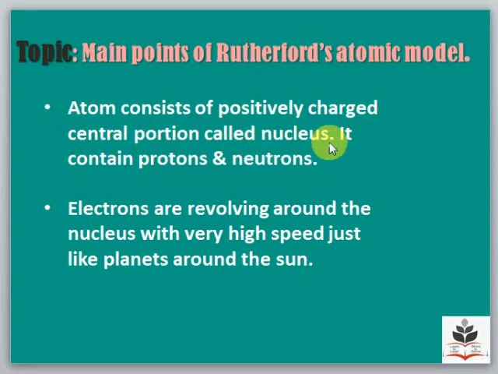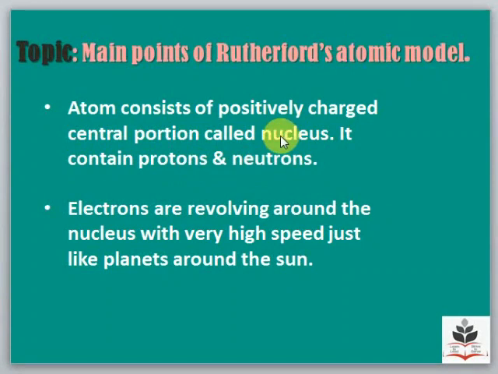It contains protons and neutrons. As I told you, Rutherford is the discoverer of the nucleus. He discovered nucleus during his gold foil experiment. So he said that atom consists of a central positive portion which is known as nucleus, and this nucleus contains protons and neutrons, means both the particles protons and neutrons are present inside the nucleus.